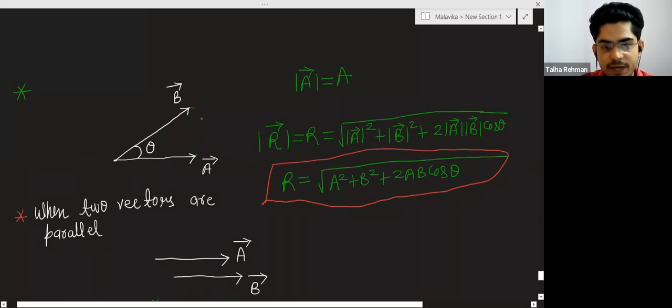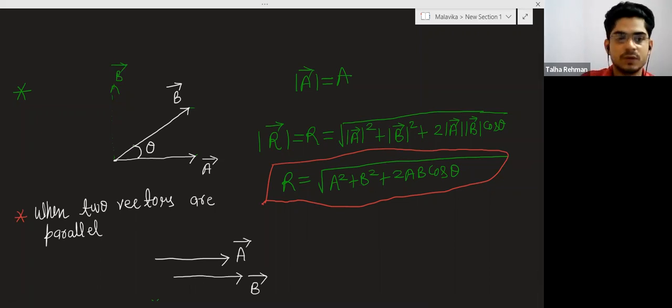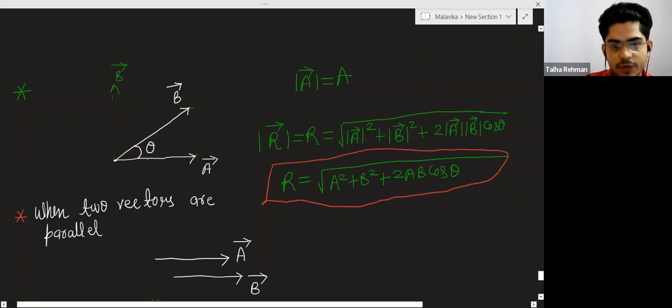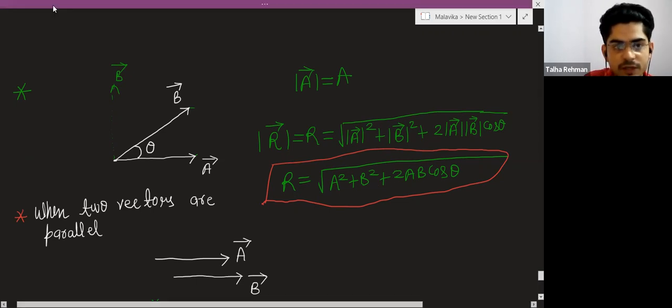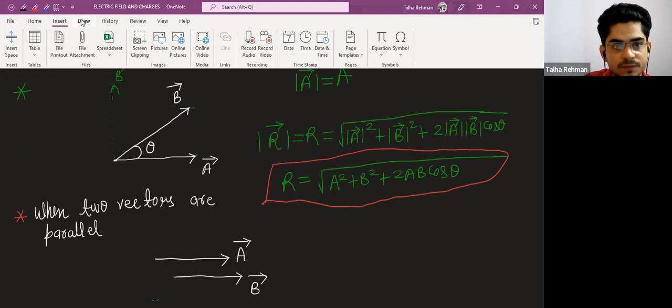When you make this angle 90 degree, B will come at this position, meaning this angle will become 90 degree. So from here you can put the value of theta in this formula and you can get the result.